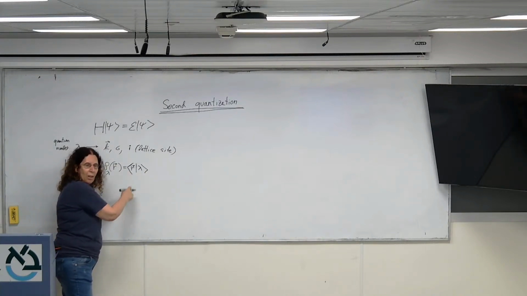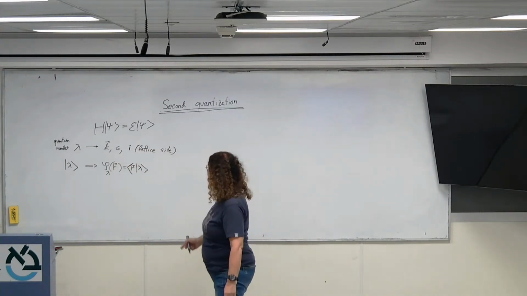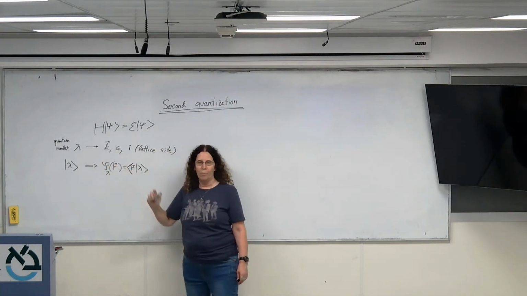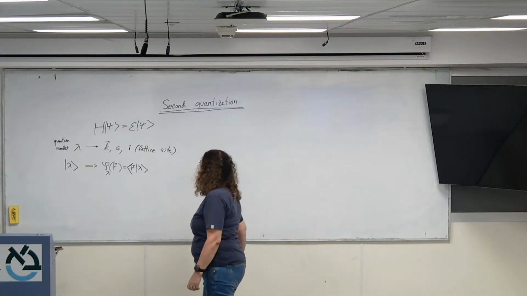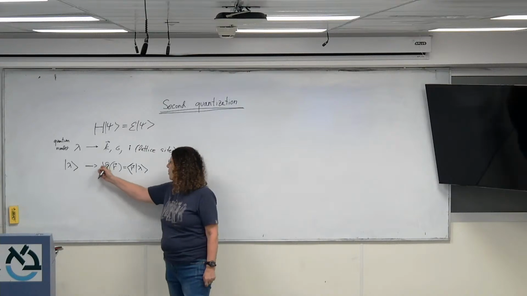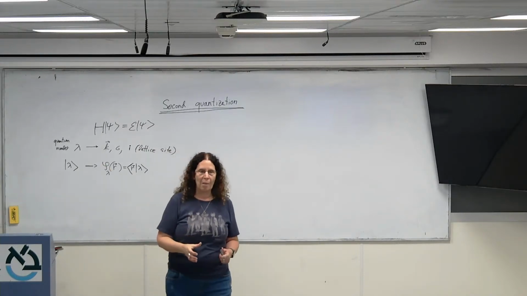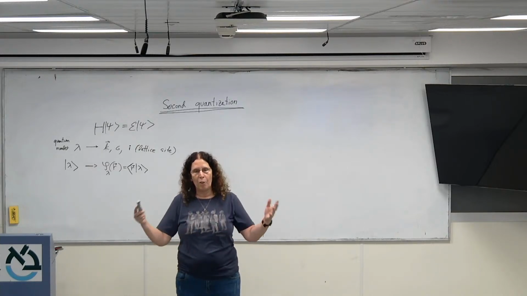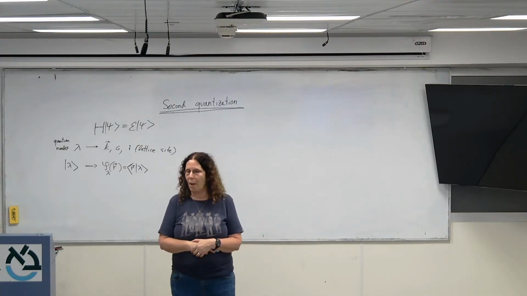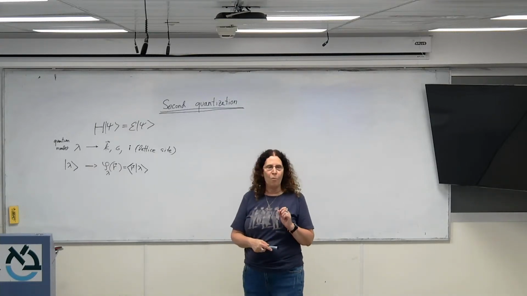The state r is just a delta function at some r. This is something you should be familiar with from undergraduate. So what is the meaning of this wave function? It's a state with a quantum number lambda, which represents a function. It has some values at different r's, and r here is a coordinate of a single particle.